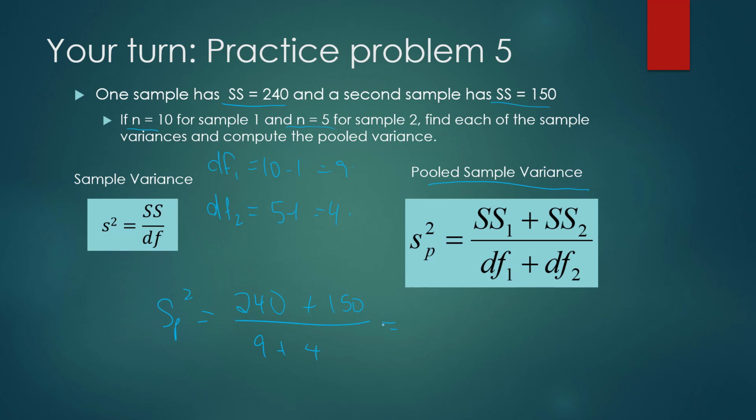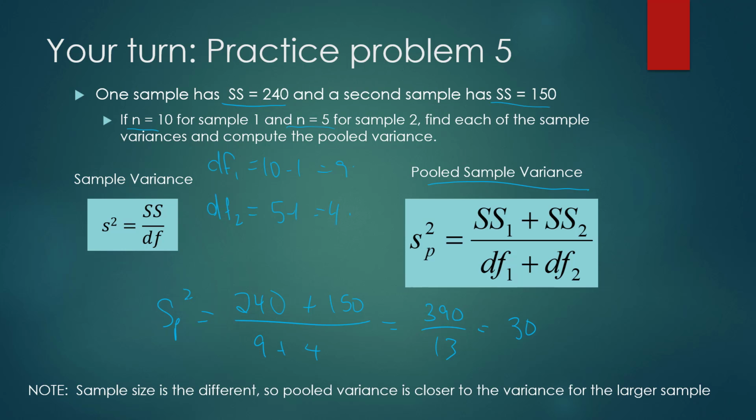And that's going to give us 390 over 13, which gives us a pooled variance of 30. Again, sample size is different, so the variance is closer to the larger sample. So now go ahead and play the Kahoot to check your learning.